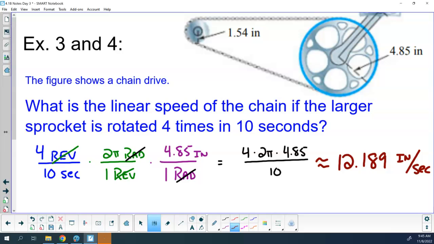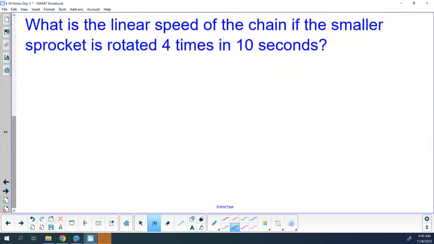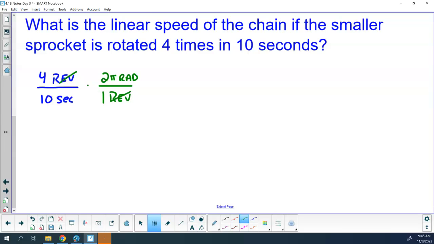Okay. Now, the little one is moving at 4 revolutions per 10 seconds. So again, 1 revolution is 2 pi radians, but now 1 radian is, what did I say, 1.54 inches.